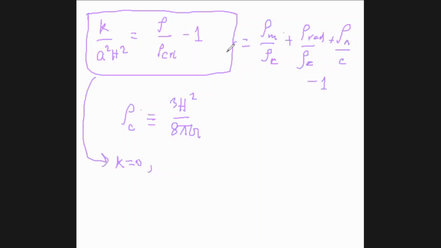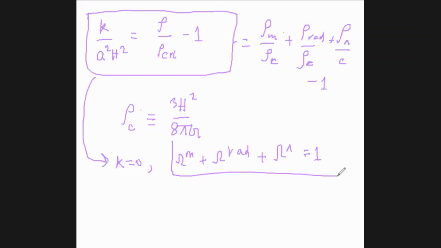And rho is the sum of all the matter plus radiation plus lambda. So if k equals 0, the equation becomes omega matter plus omega radiation plus omega lambda is equal to 1.